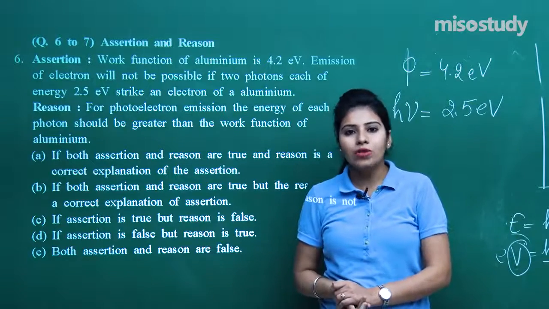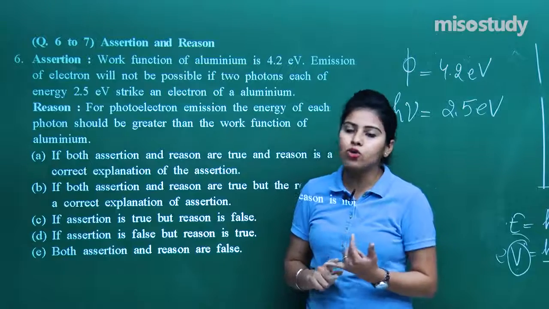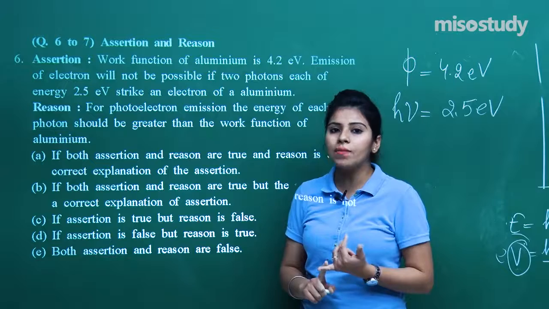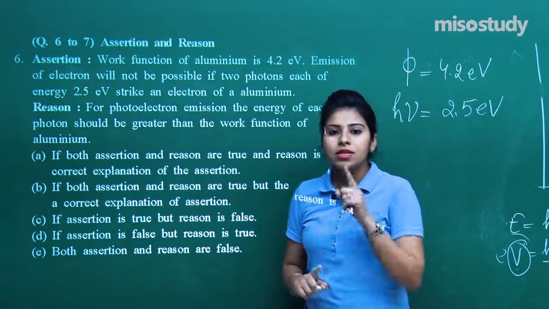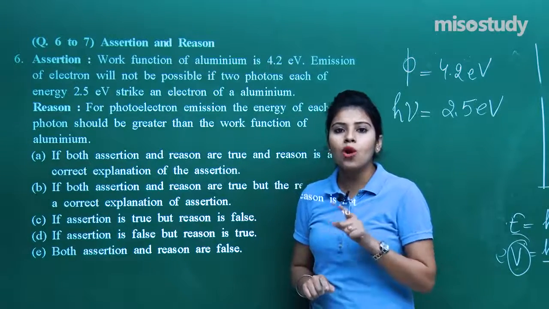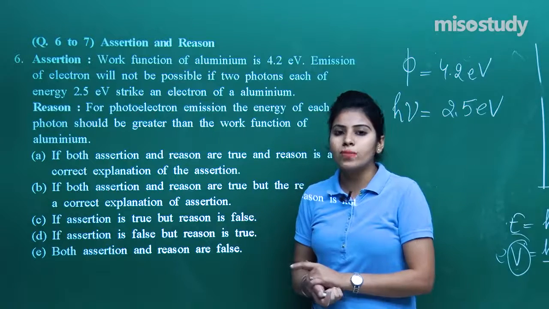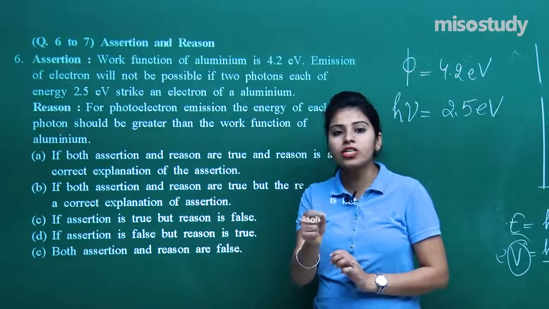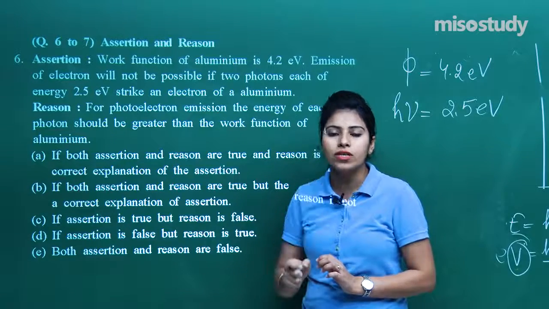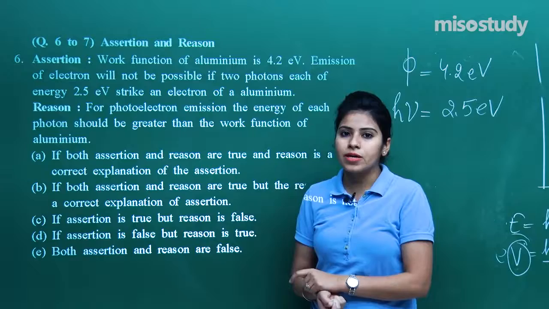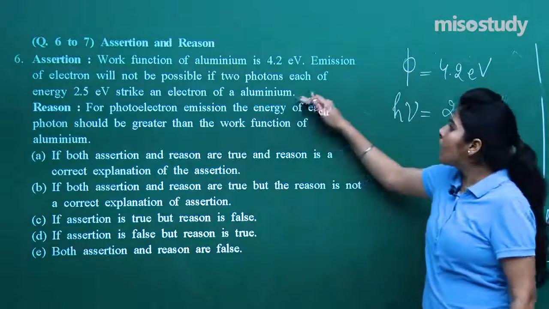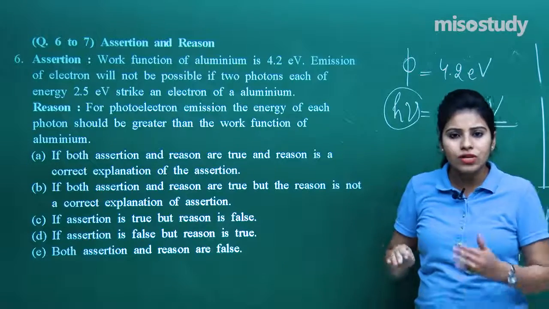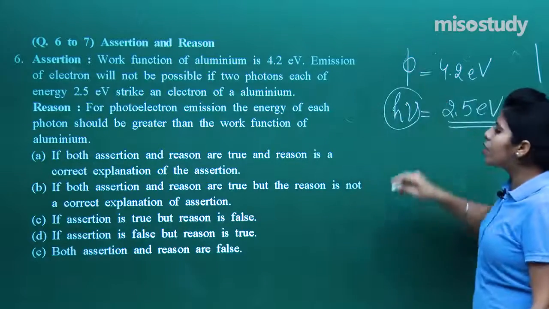Now let me tell you that there is a concept of threshold frequency. If you are clear with the theory of the chapter, you will know about the threshold frequency. This is the minimum frequency below which no photoemission will take place. Until and unless the frequency of the radiation is greater than the threshold frequency, emission will not take place. So in this case, the energy of the photon is 2.5 electron volt, which is less than the threshold.